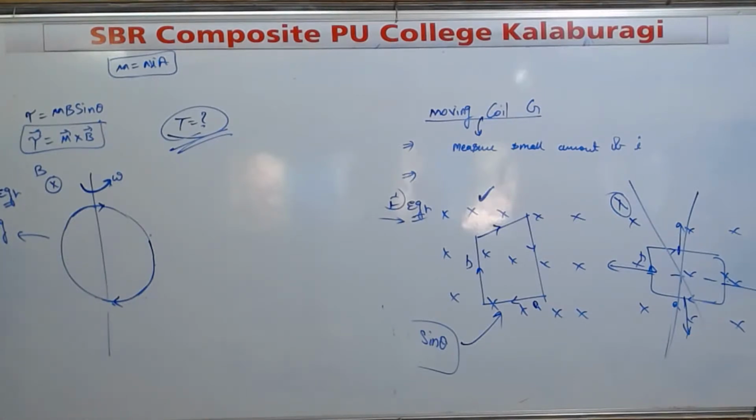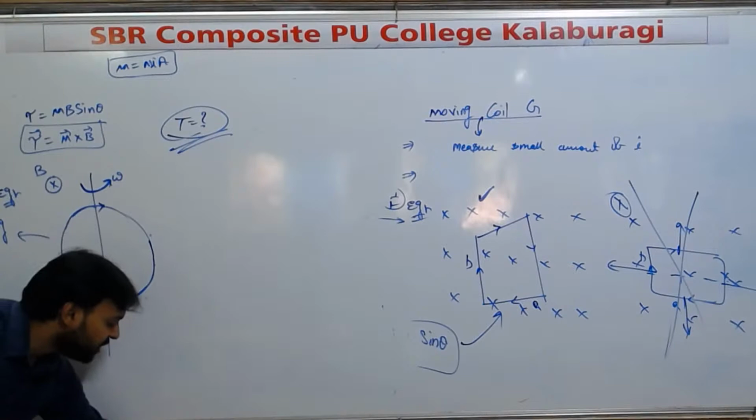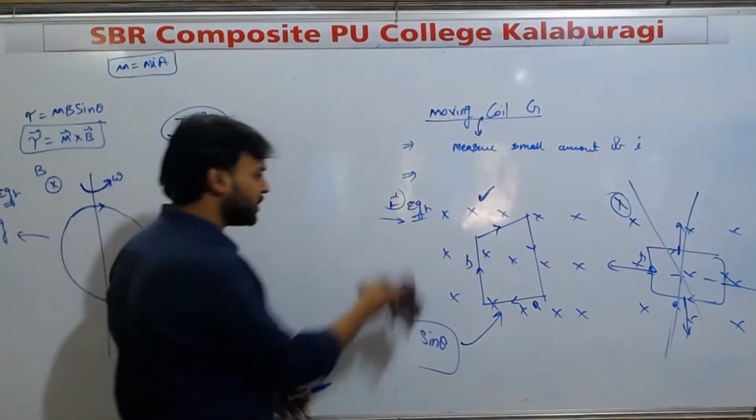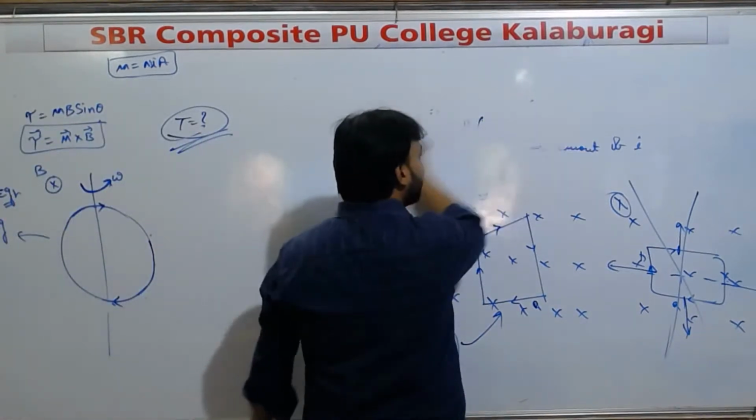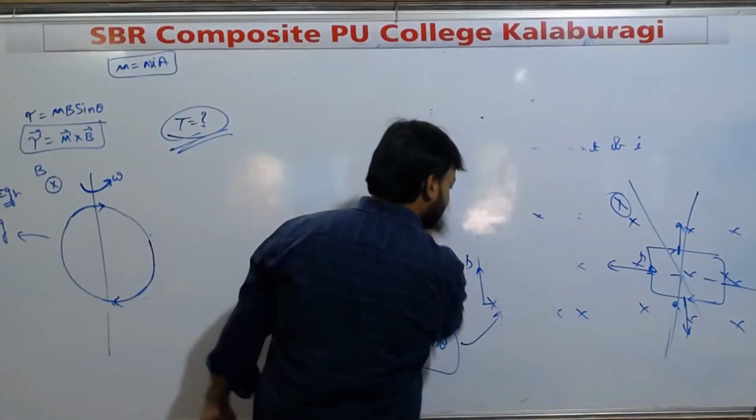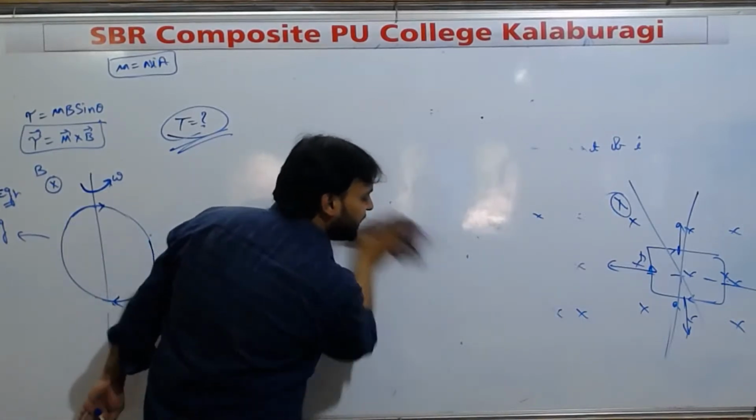Understand the point. If you understand the point, then you can calculate others. Simple story. What is the time period formula? Oscillations, I think in electrostatics also we discussed. Not a new point, I think. Time period, how to calculate?